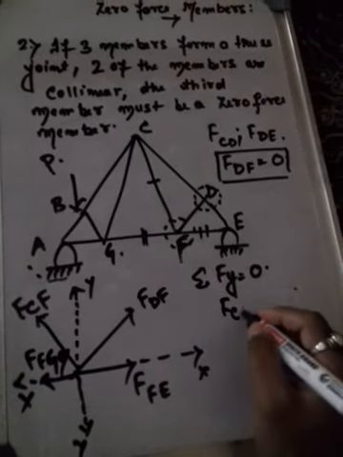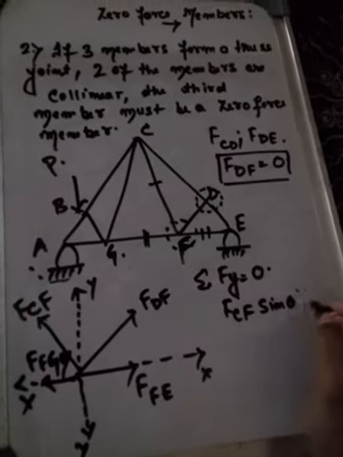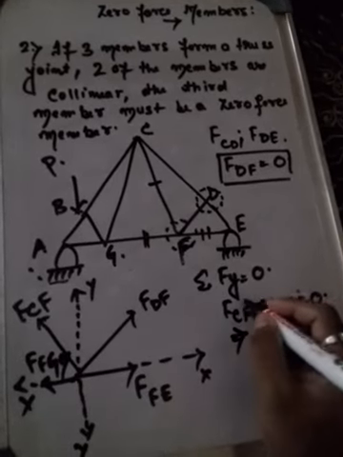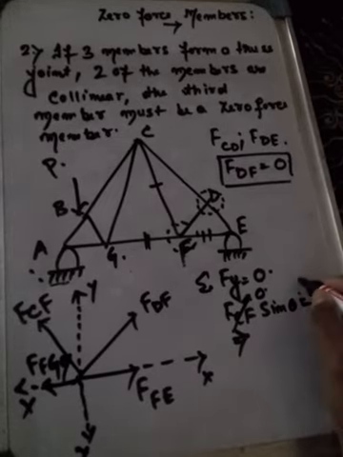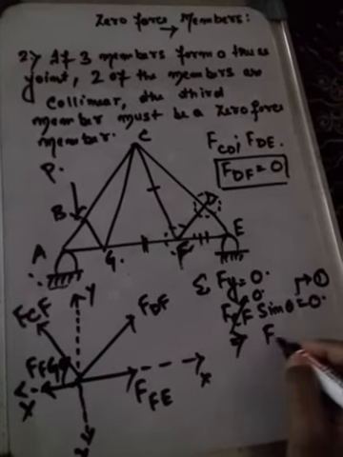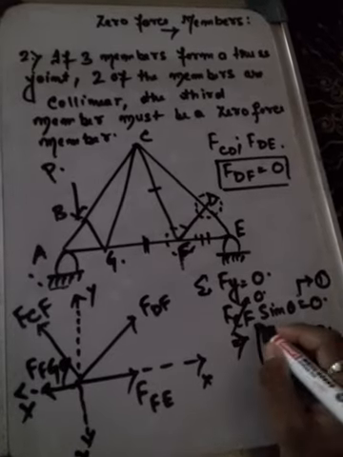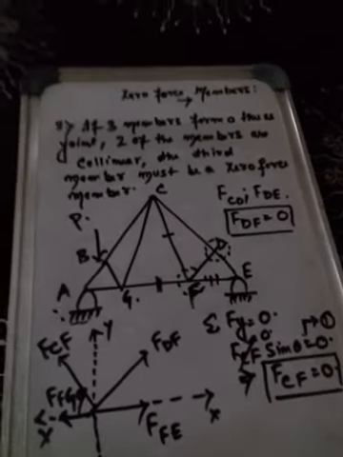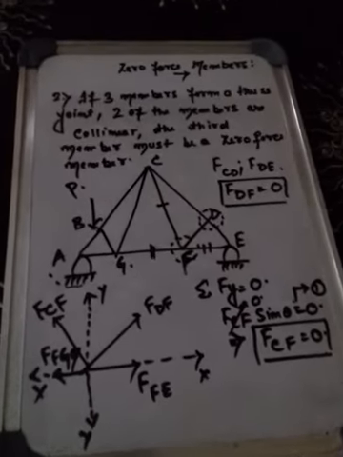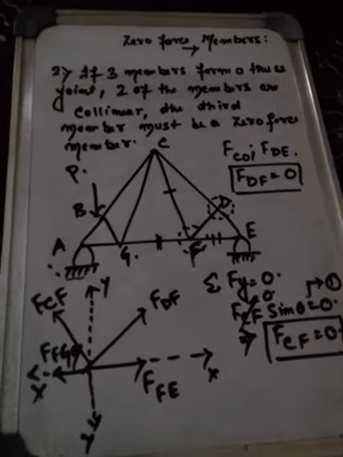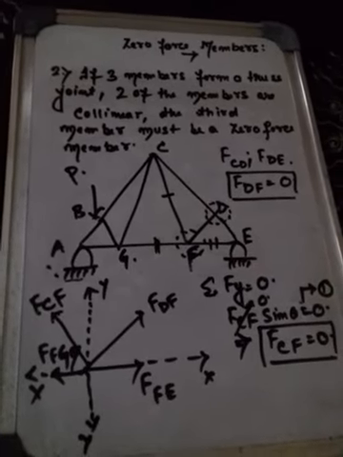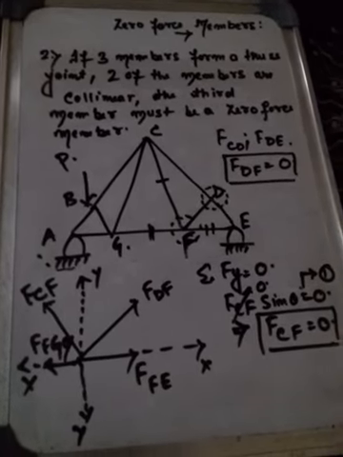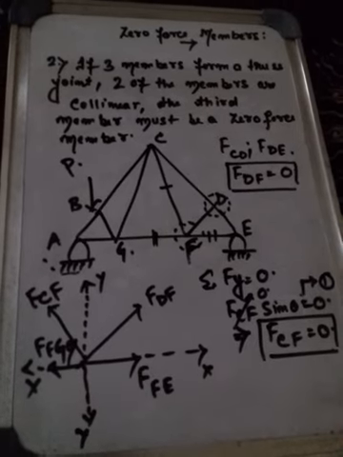So FCF sine theta equal to 0. Theta has some definite value, so sine theta can't be 0, so FCF must be equal to 0 for this equation to hold true. So FCF is equal to 0. I hope this case study is also clear to all of you, right? Now we can quickly discuss some problems in the next video. So this was about the 2 case studies for the zero force member. Thank you.